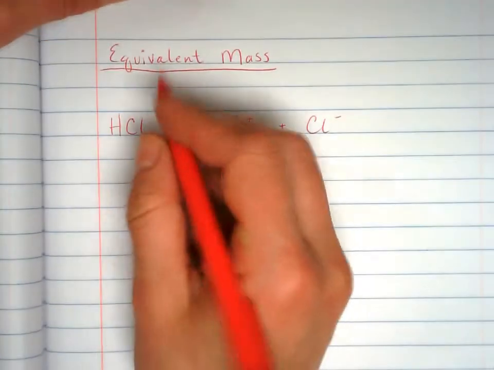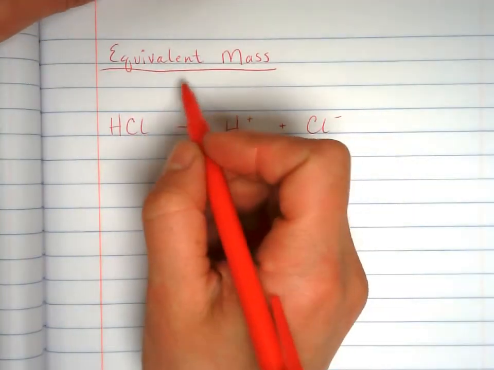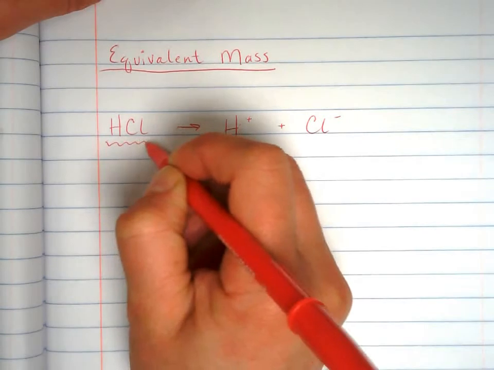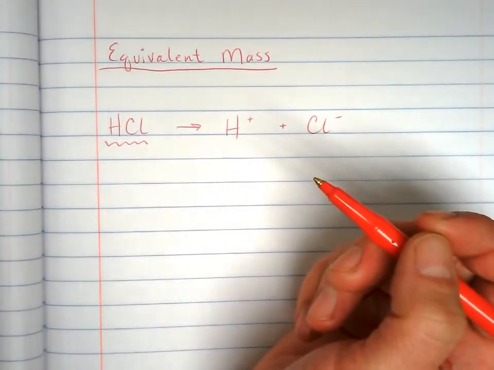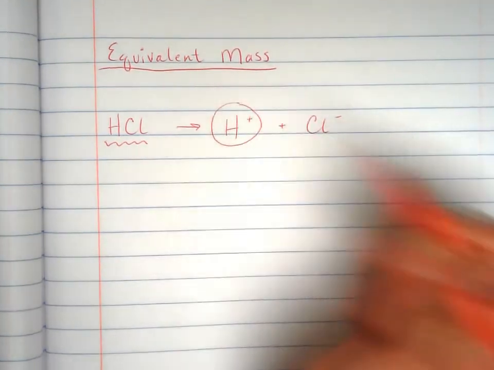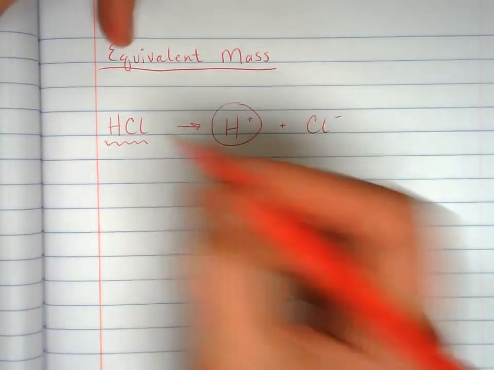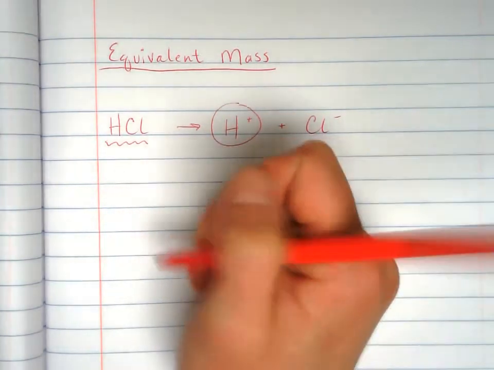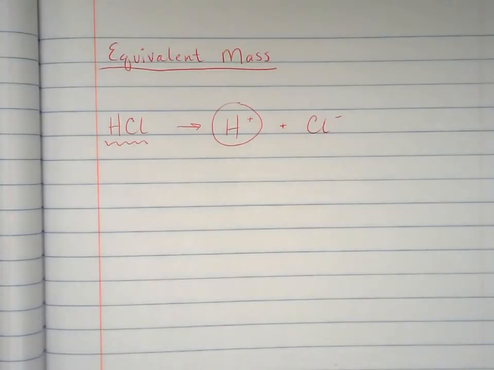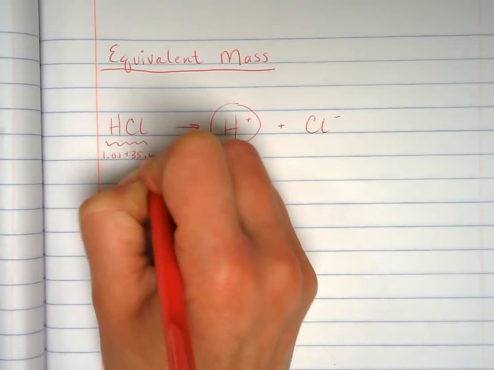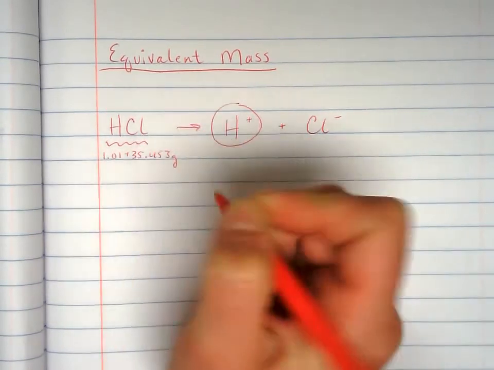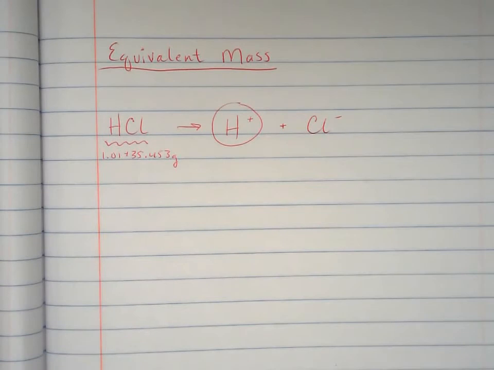And so what our equivalent mass is really asking is, what is the mass of acid that it takes in order to donate one proton? So for HCl, if we look up the mass of HCl, we'd have 1.01 plus 35.453 grams.